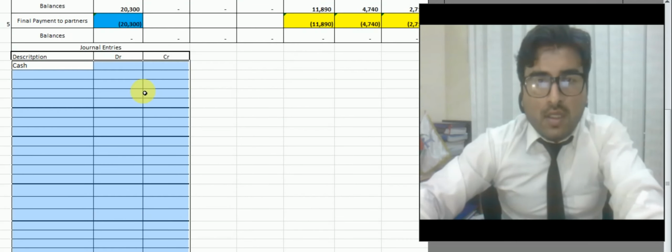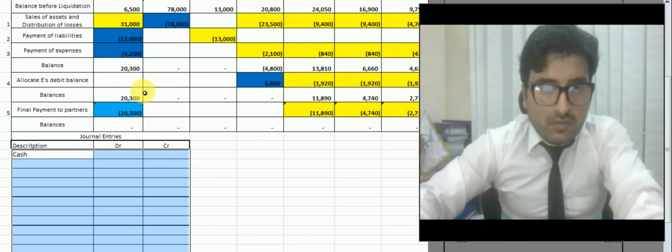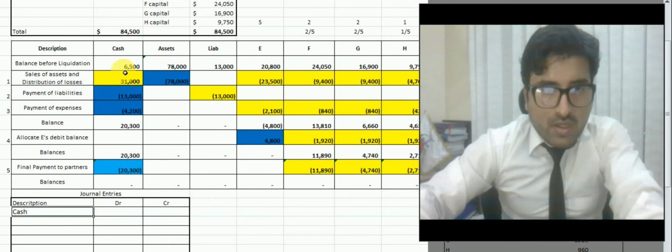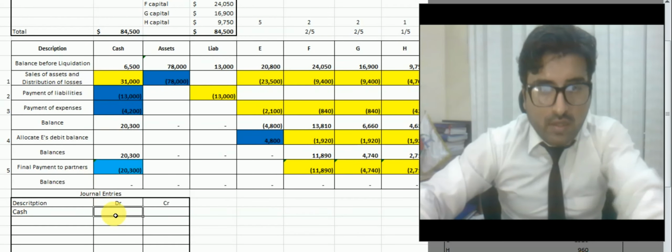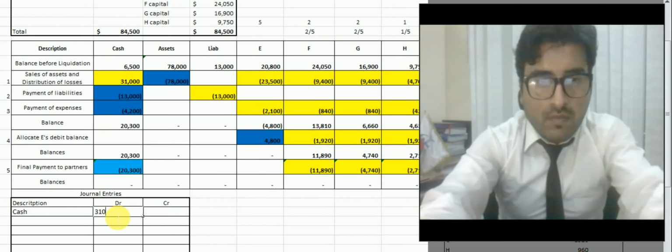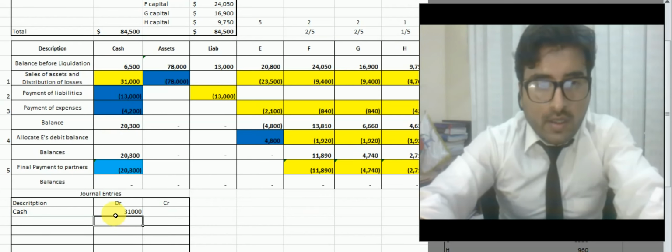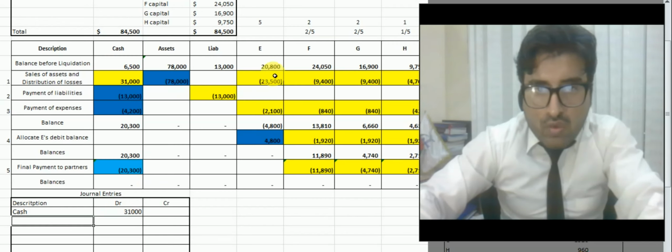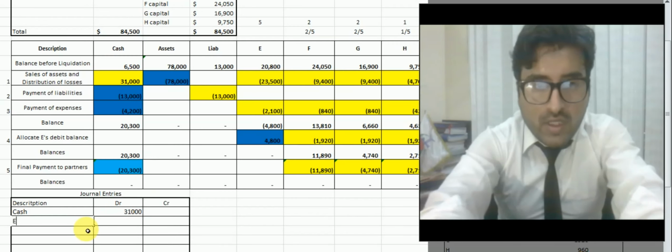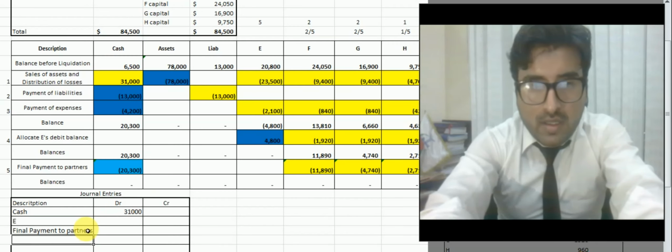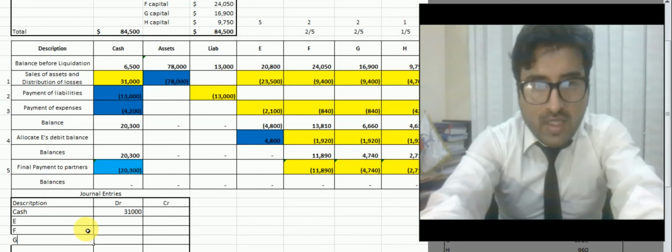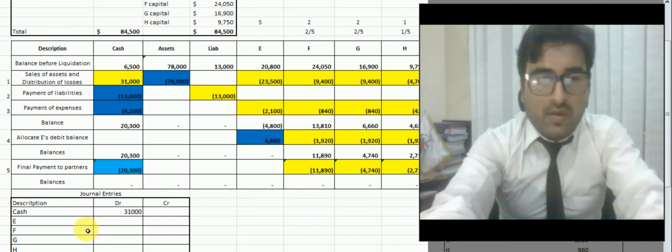Okay, sorry, let me make all the table values. So first we have cash. So the cash here debited, how much? 31,000. And then what credited? Also E debited, so you have E debited, F debited, and then G debited and H debited, okay.